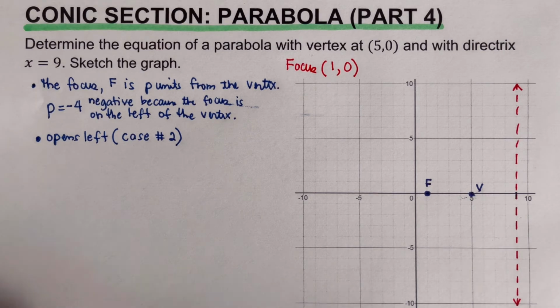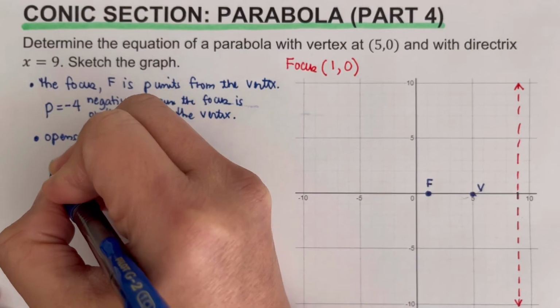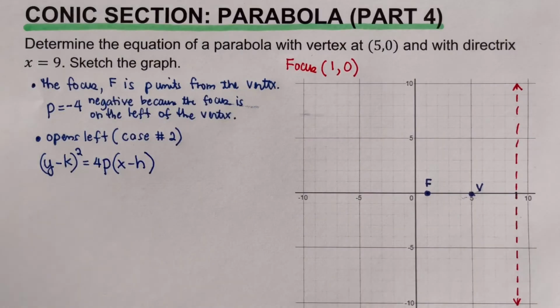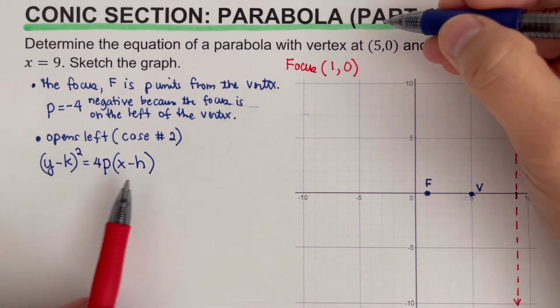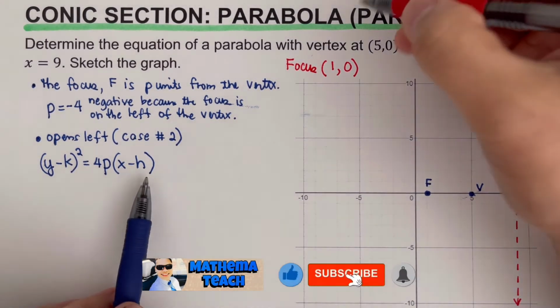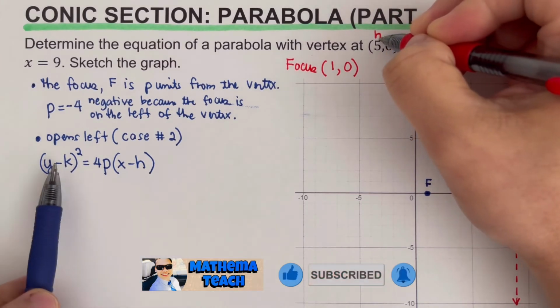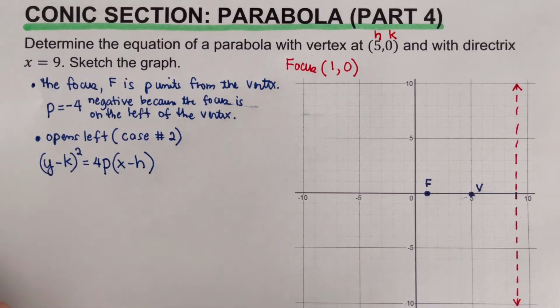So we go ahead and write the equation for case number 2 down here. Please remember that our h and k would be the coordinate of the vertex. So this one right here is our h, and this one right here is our k, and we got a value for p. So we plug it in here.